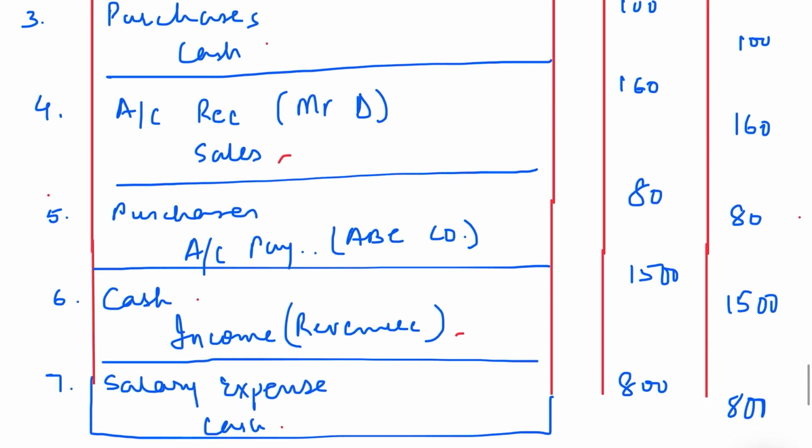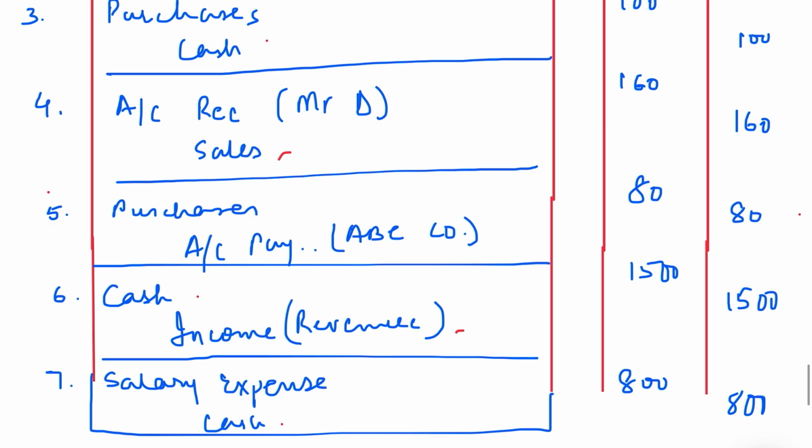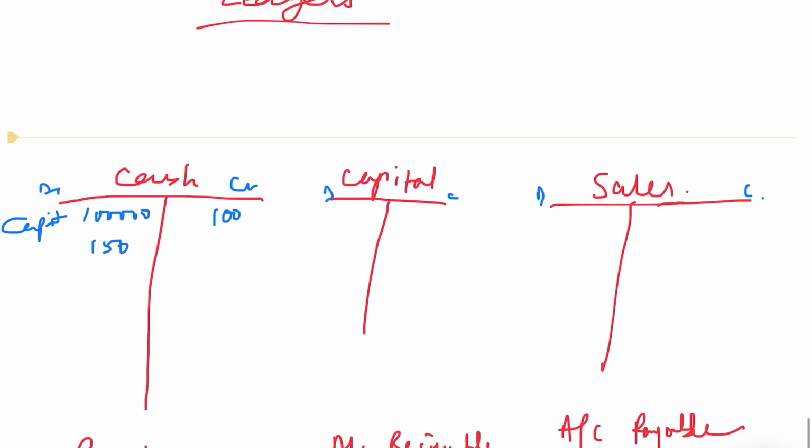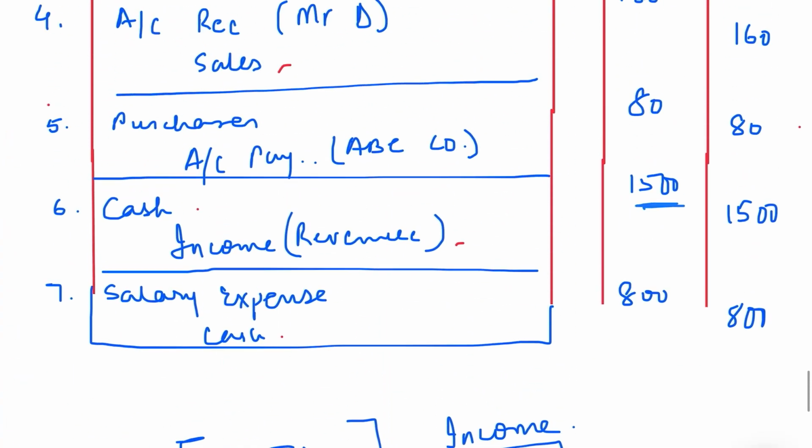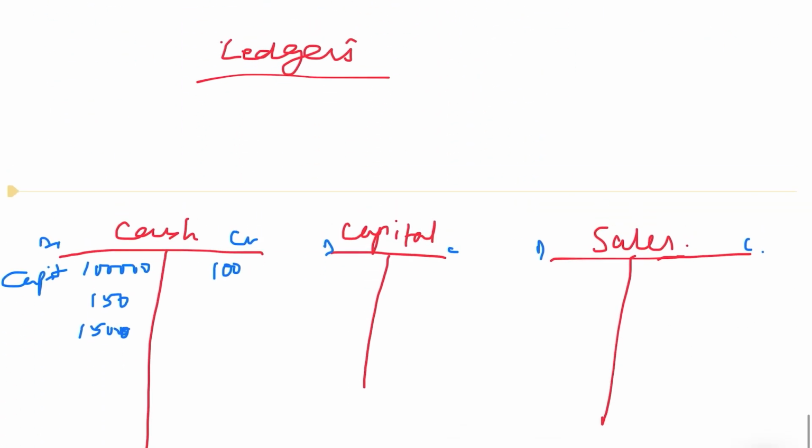Then on 6th of January, cash is increasing by $1,500. Then cash is decreasing on January 7th by $800 due to salary expense.